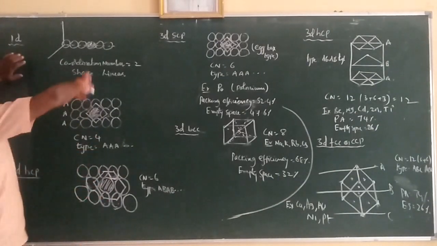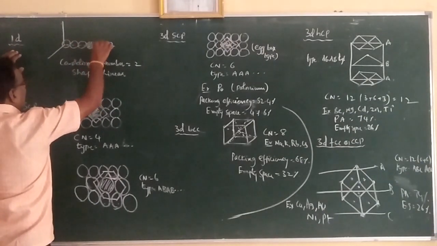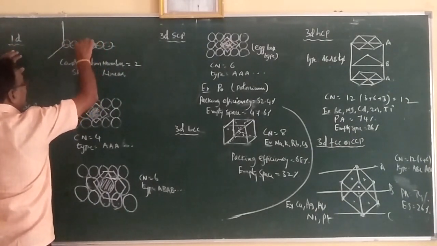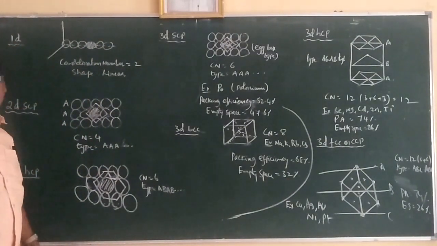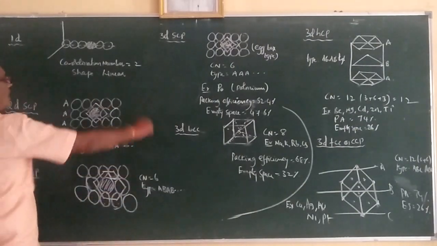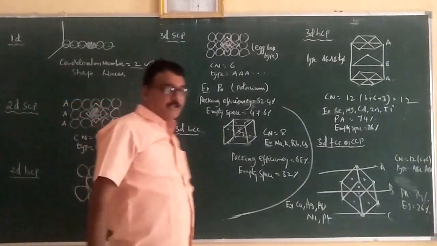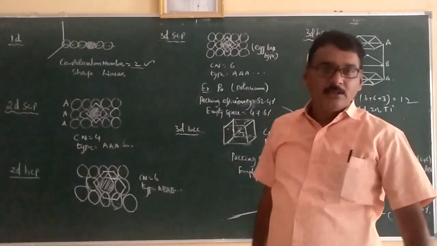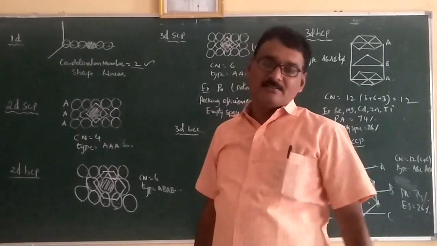Taking this sphere, how many adjacent spheres touch it? Two spheres touch it. Therefore, the coordination number is 2. Coordination number means the number of atoms neighboring, adjacent to, and touching each other.